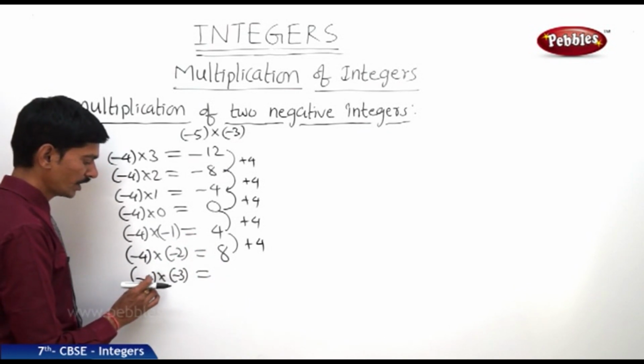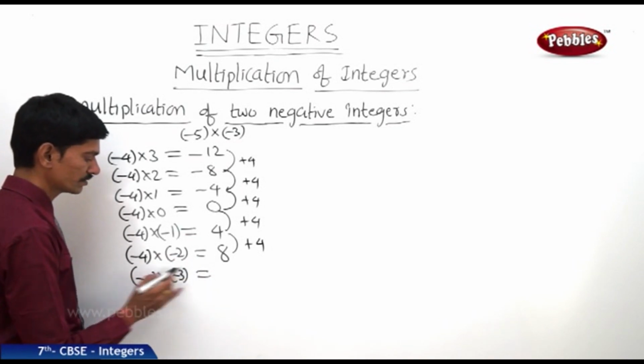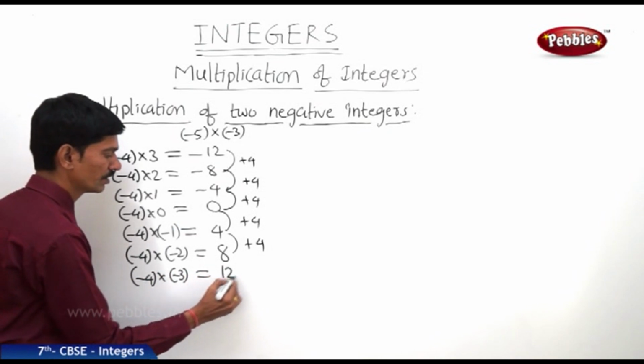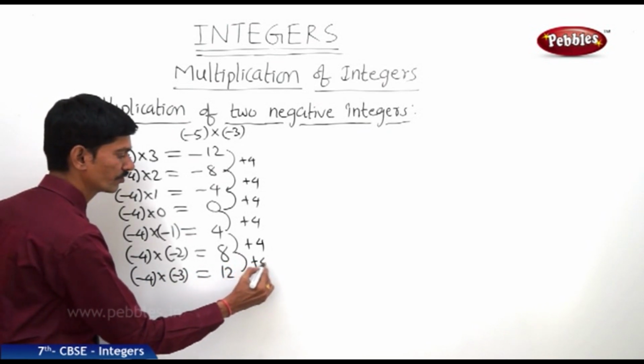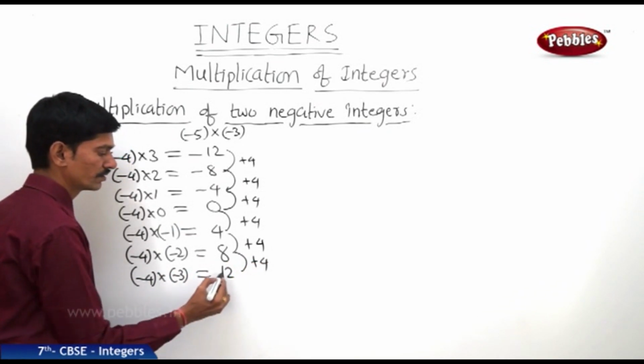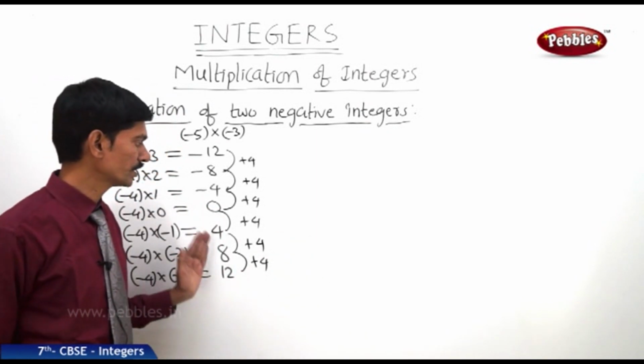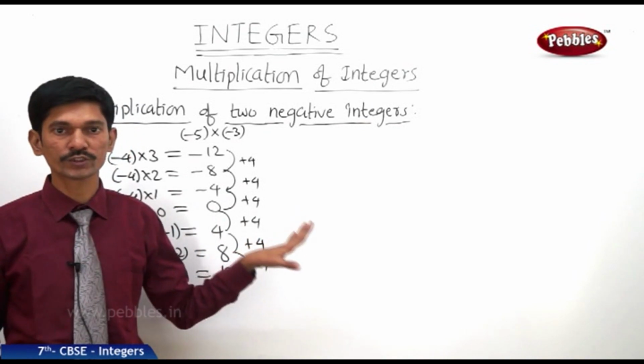Then minus 4 into minus 3 is plus 12. So again here 8 is increased by 4. So when you multiply two negative integers, we get the product as a positive integer.